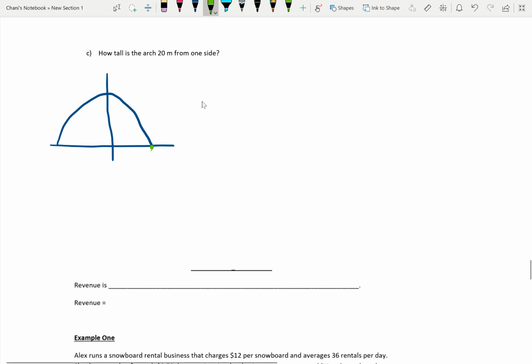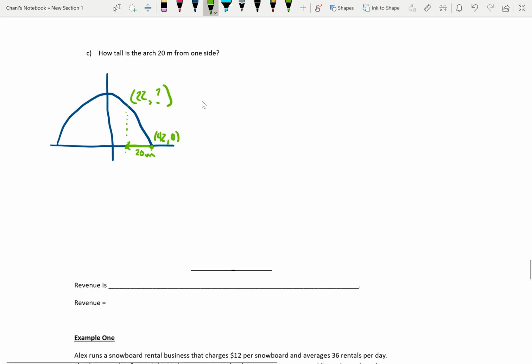It's 20 meters from here. So if this is 42 meters, then we're looking for the height at 22 meters. So at 22 meters, what is the height? That's what we're solving for. So be careful that you're not putting in 20, but you're putting in 22. It's from the side, not from the center.